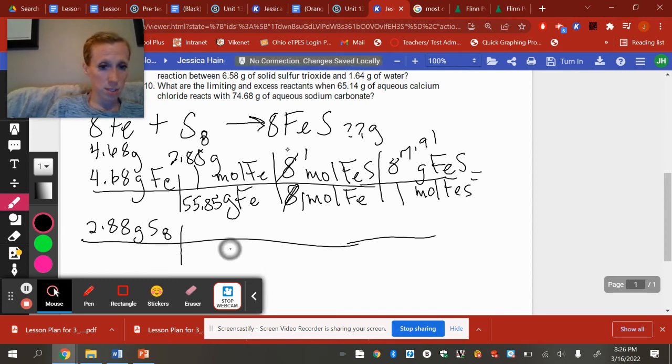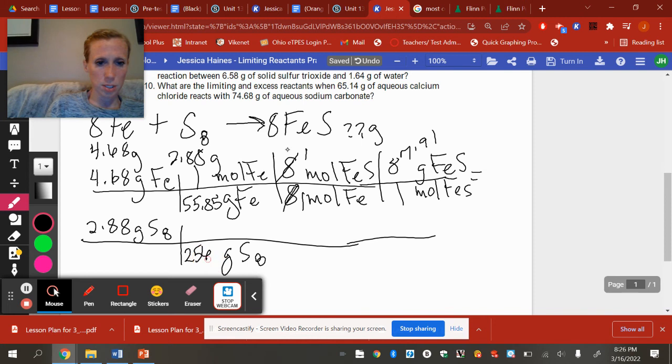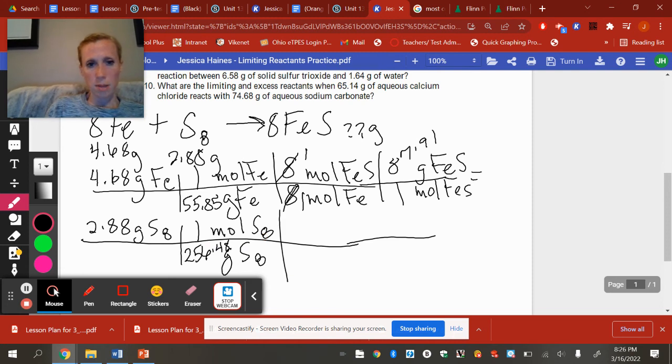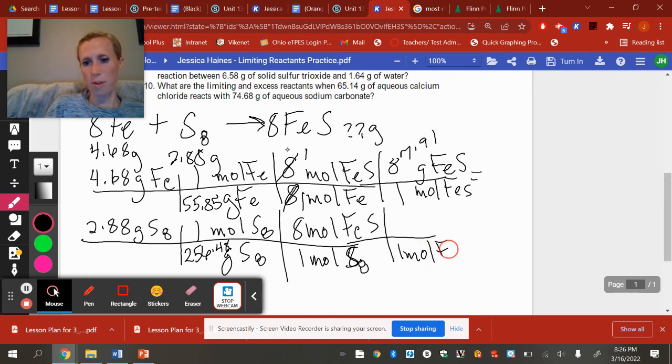So I'm going to calculate this. Grams of S8 is 256.48. 256.48 grams above 1 mole of S8. Then I have 1 mole of S8 and 8 moles of FeS, and 1 mole of FeS is 87.91 grams of FeS.